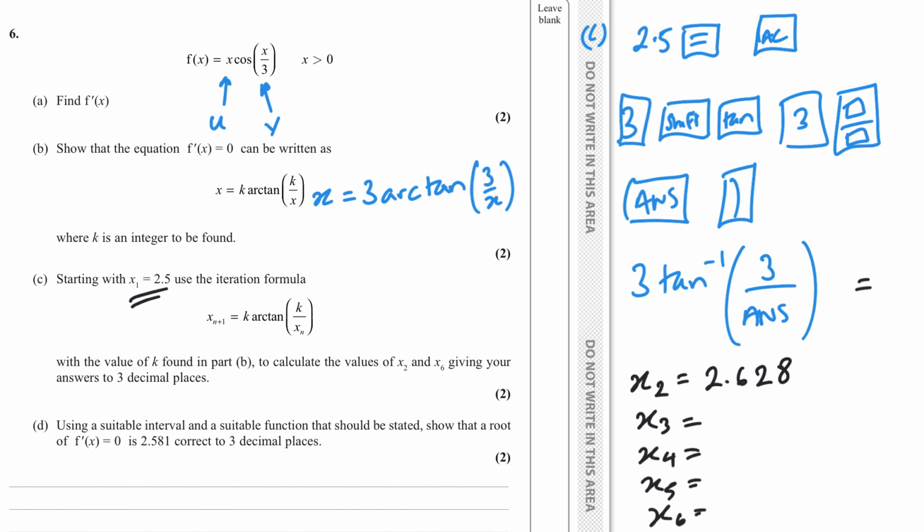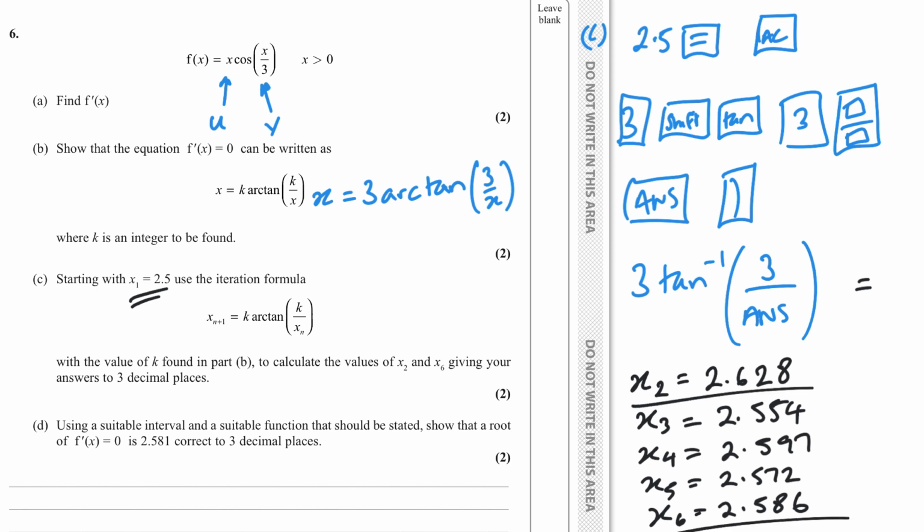So one more press will give me x3, another press then 2.597, and then we've got 2.572, and then finally 2.586. And then obviously these are the two answers that we require.